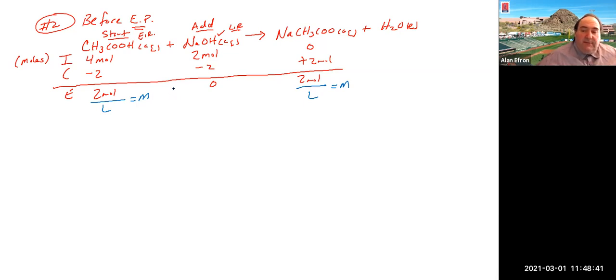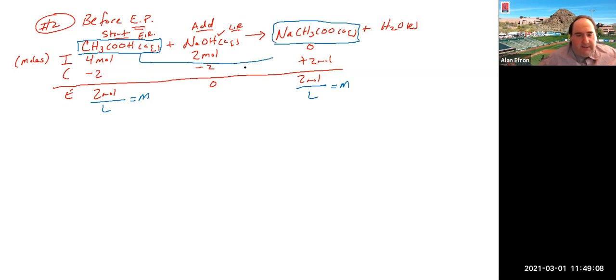As I mentioned a number of times as we've been going through this, your ice table really does give you a lot of pieces of information. It's also very helpful in case you're not sure what's going on at this point. You can look at your ice table and go, well, I've got this still there, and I've got this still there. Are these two things related to each other?